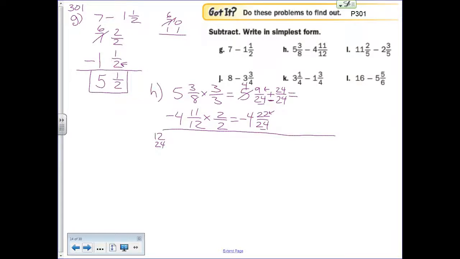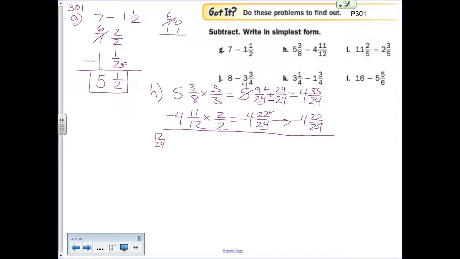So when I get done, I will end up with 4 and 33 over 24 on top, and negative 4 and 22 over 24 on the bottom.